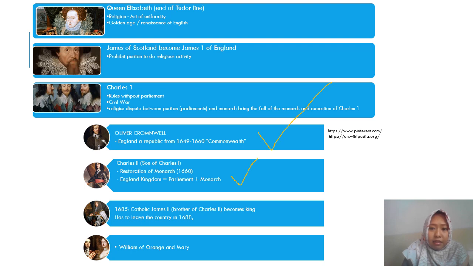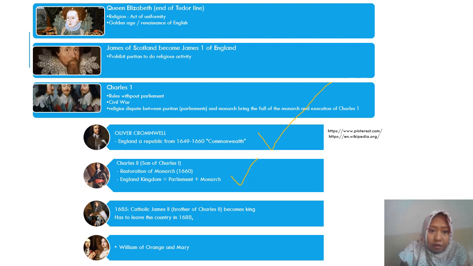After 11 years of being the leader of England, Oliver Cromwell passed away, and actually the son of Oliver Cromwell would like to replace his position. However, most of the Parliament disagreed with this decision and would like to restore the monarch to England.